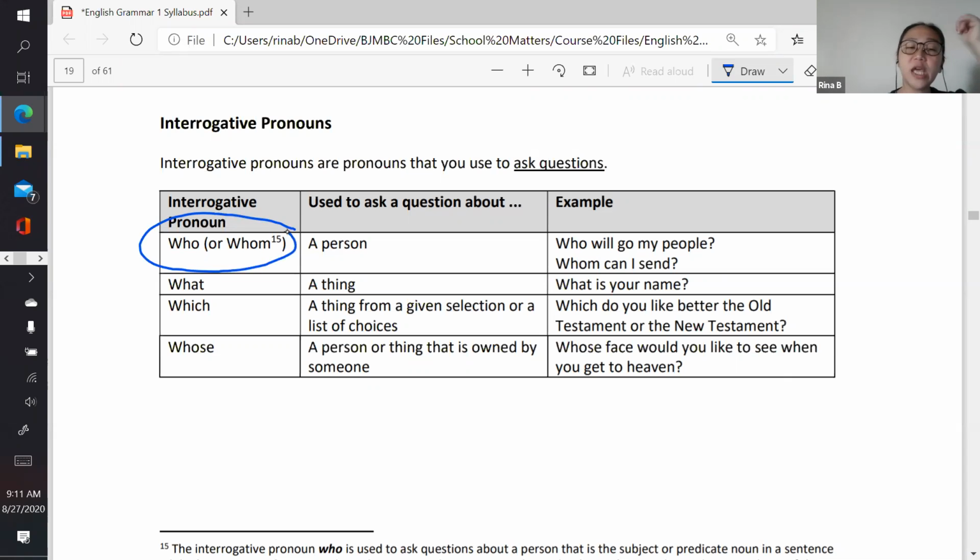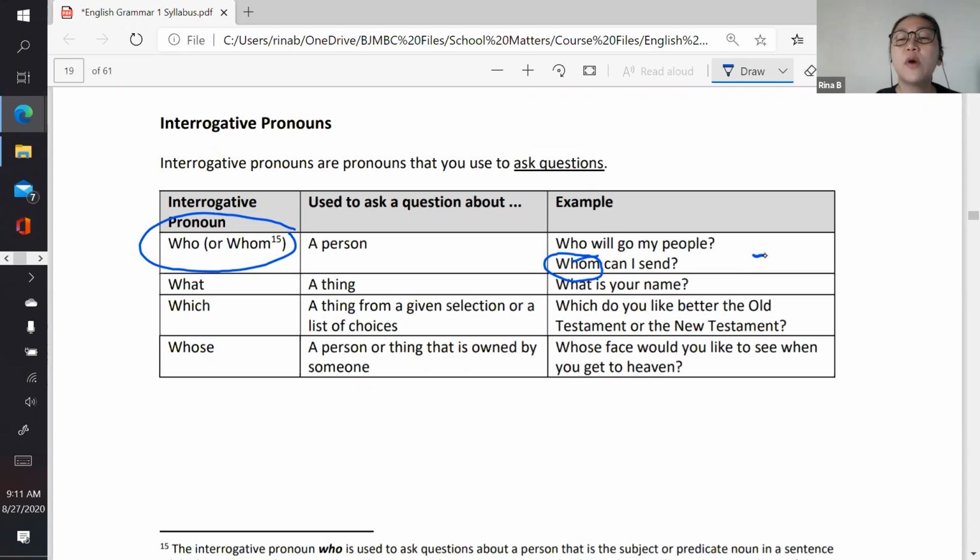So if you want to be strict with your grammar, you have to think about what role the pronoun is acting as in the sentence. Here we said the word whom is a direct object. That's why we use whom, not who. Technically, in grammar, if you say, who can I send, that's wrong.